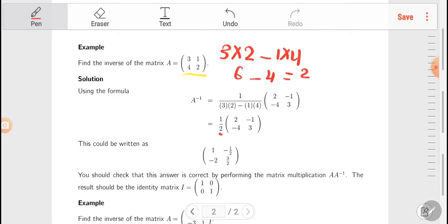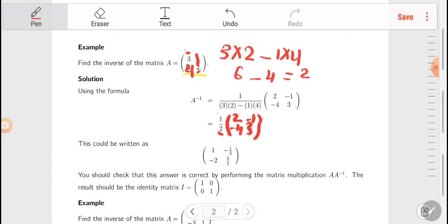So put here 1 over 2. Is it hard for us? Second, open the parentheses for the matrix and write 3, 2 in inverse positions: 2 here and 3 there. 1 as it is with a negative sign. 4 as it is in its position with a negative sign.